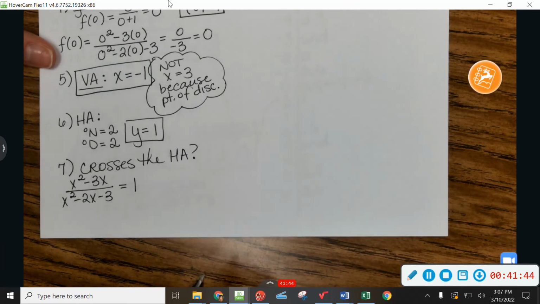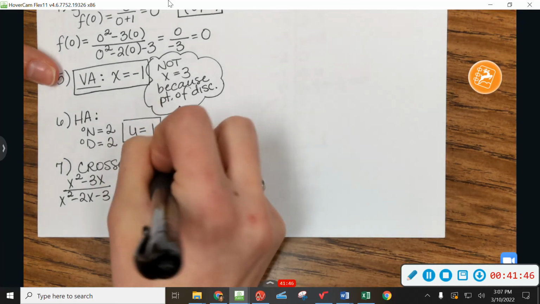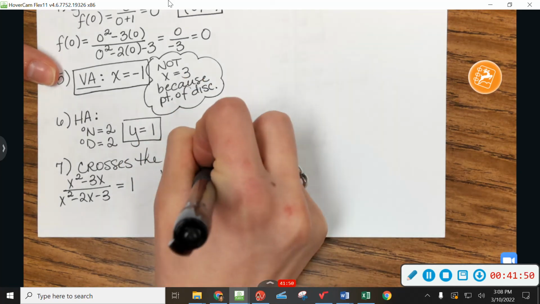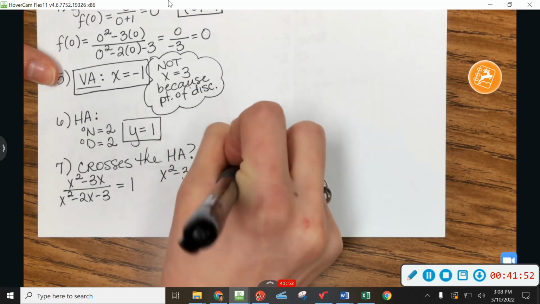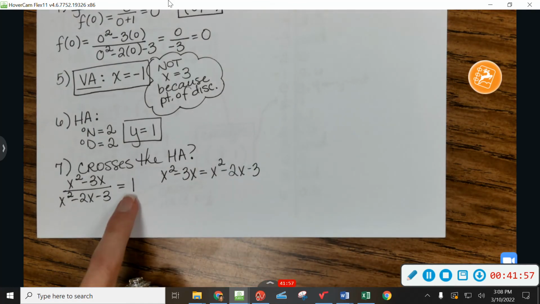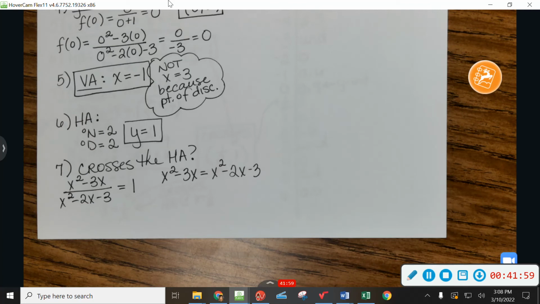Multiply both sides by the denominator, and that gives me x squared minus 3x equals x squared minus 2x minus 3. It's just itself because that is a 1. Again, if it were a 2 or any other number, you're going to have to distribute it all the way through.